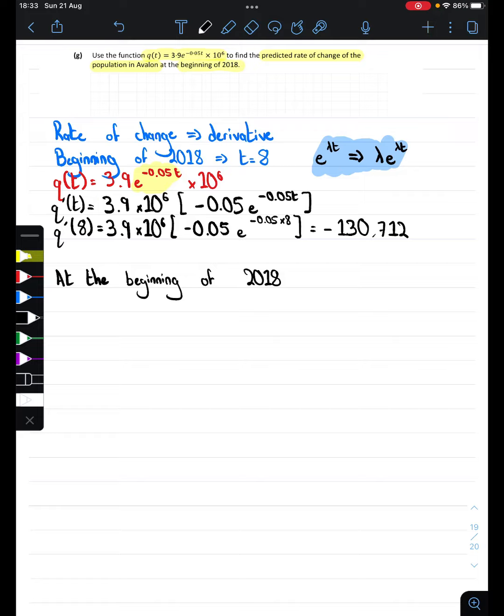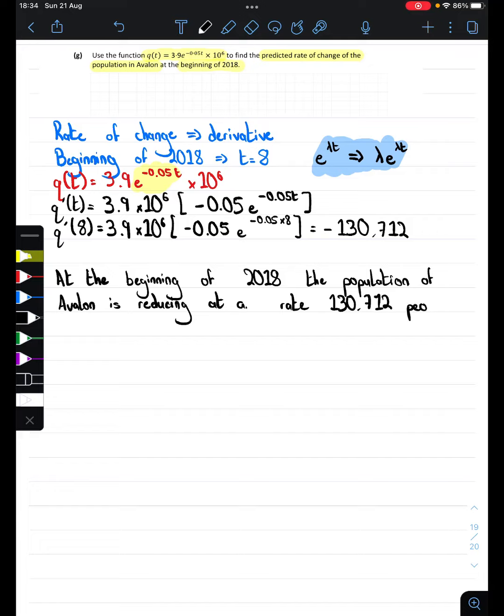At the beginning of 2018, the population of Avalon is reducing, since it's a negative, at a rate of 130,712 people per year.